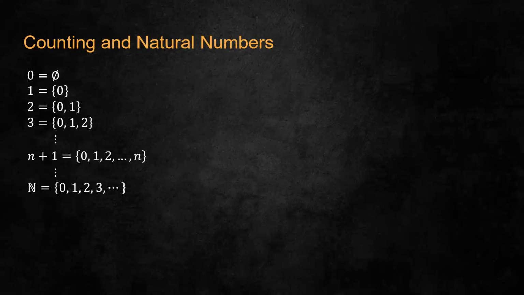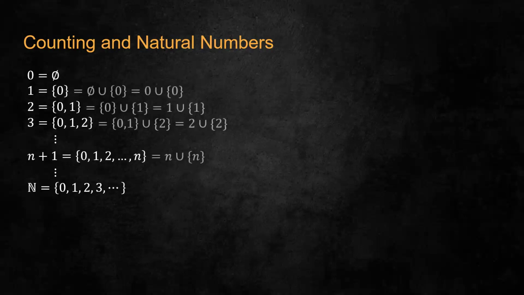It depends on the author, and sometimes it's more convenient to include 0 as part of the natural numbers, sometimes it's not. I'm going to use both during this presentation. Here, for example, it's convenient to include 0.